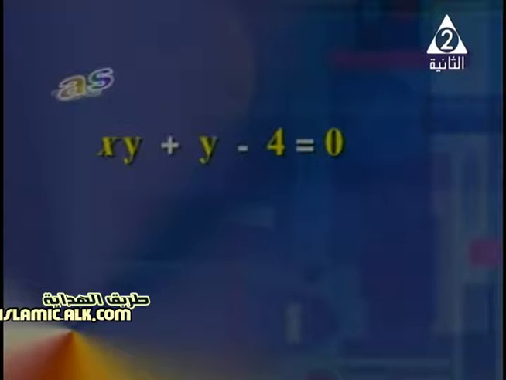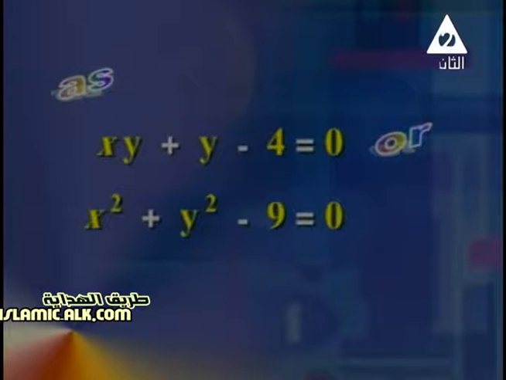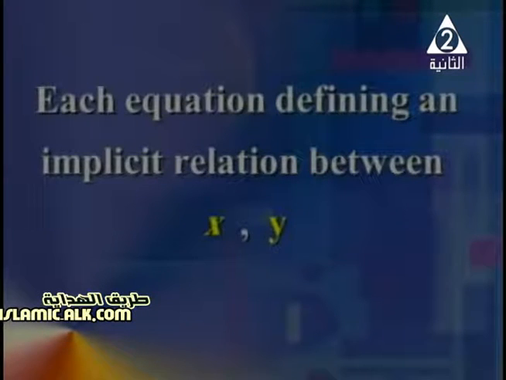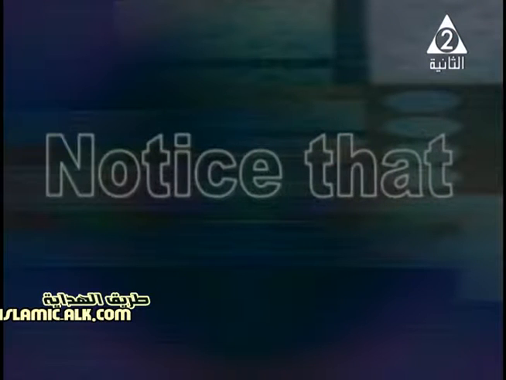We take the highest common factor of the first and second terms, which is y. Look at x squared plus y squared minus 9 equals 0. Each equation defines an implicit function between x and y. Note that.